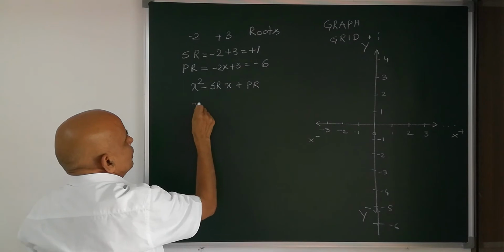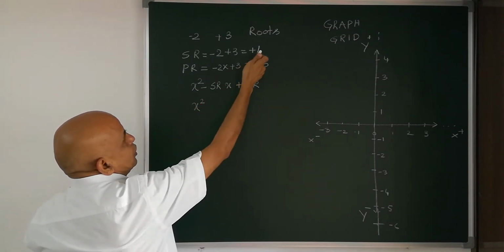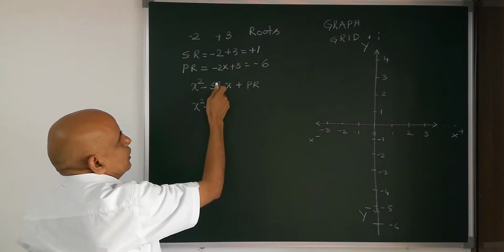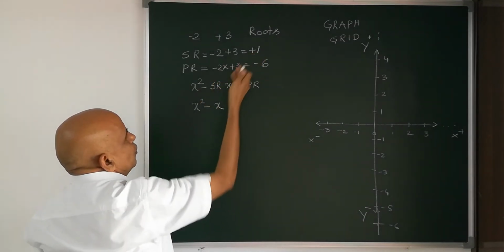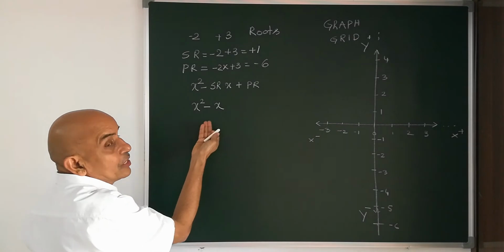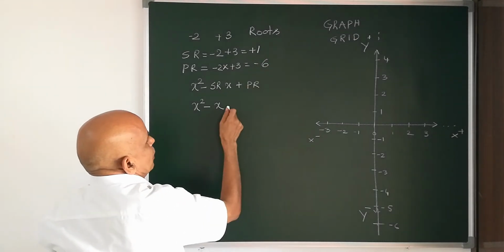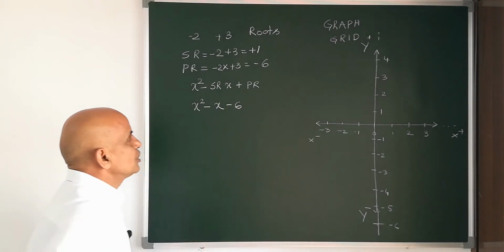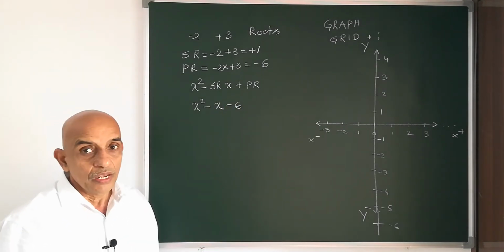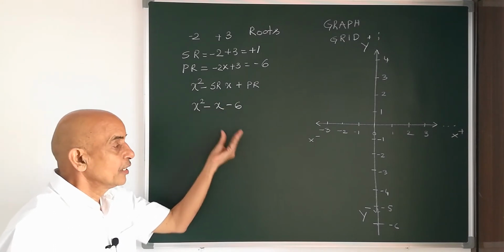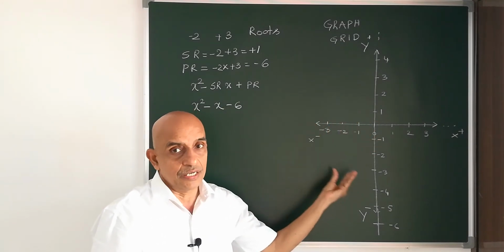Then this becomes x square, because it is only 1, this simply becomes -x. 1 into x is x only, so that 1 you need not write. And product of the roots, -6. So this is the quadratic expression. Now we are going to see how this quadratic expression behaves on the graph sheet, graph paper.